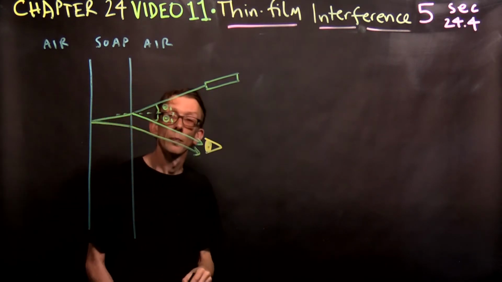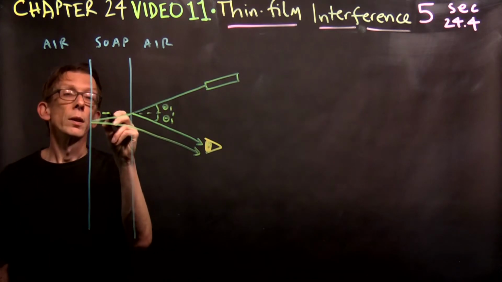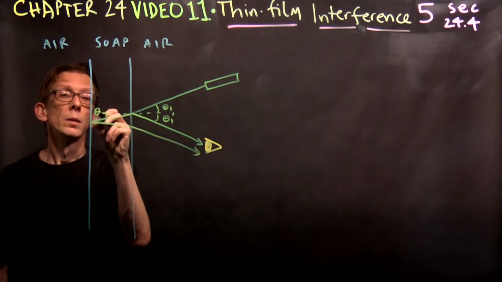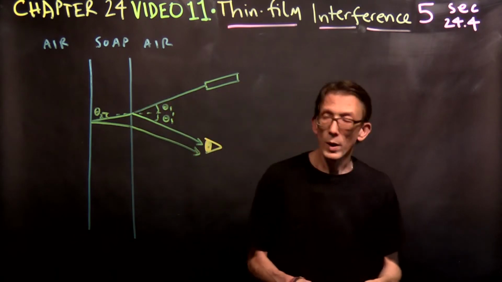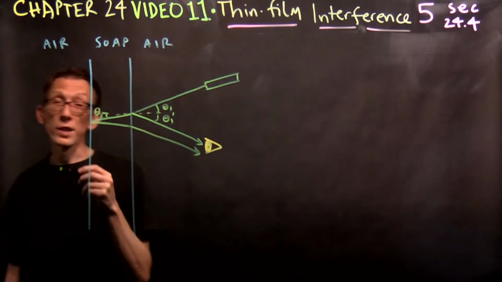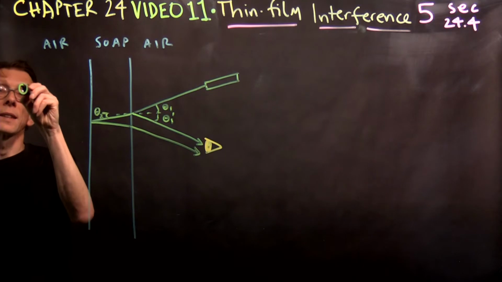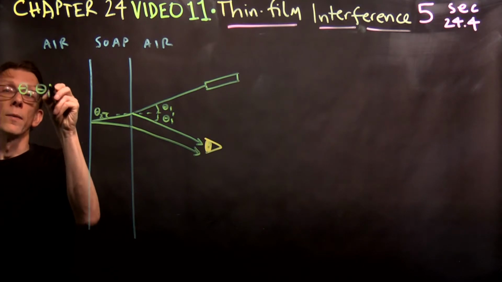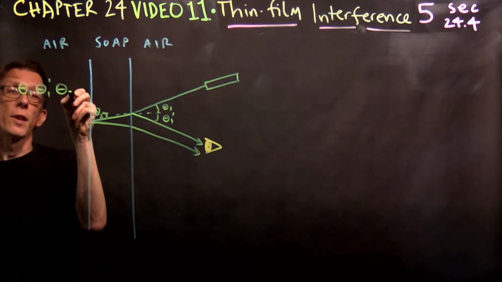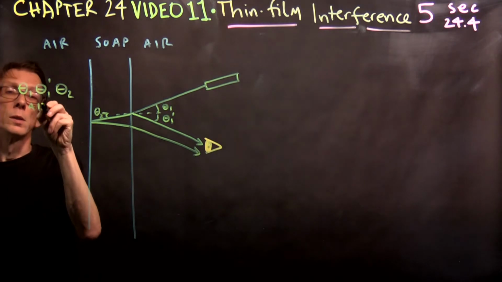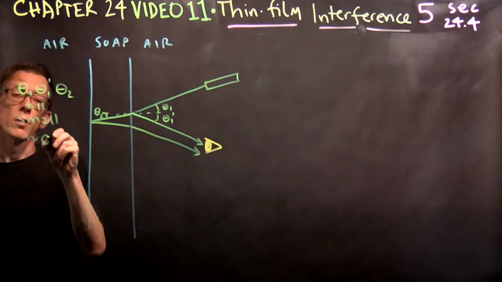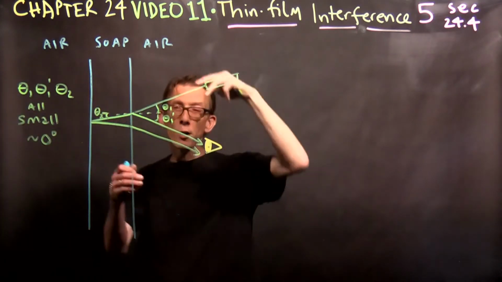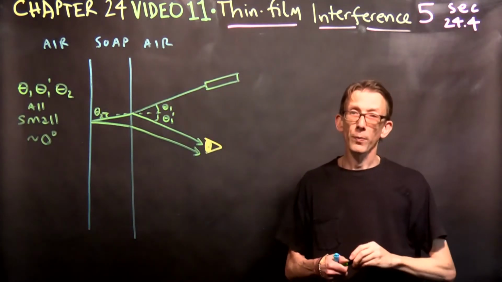Okay. So here is our angle of refraction right there. Okay. One thing we need to do for this example, we need to remember that we need to say that theta 1, theta 1 prime, and theta 2 are all small, essentially 0 degrees. So we're really using very small angles here.